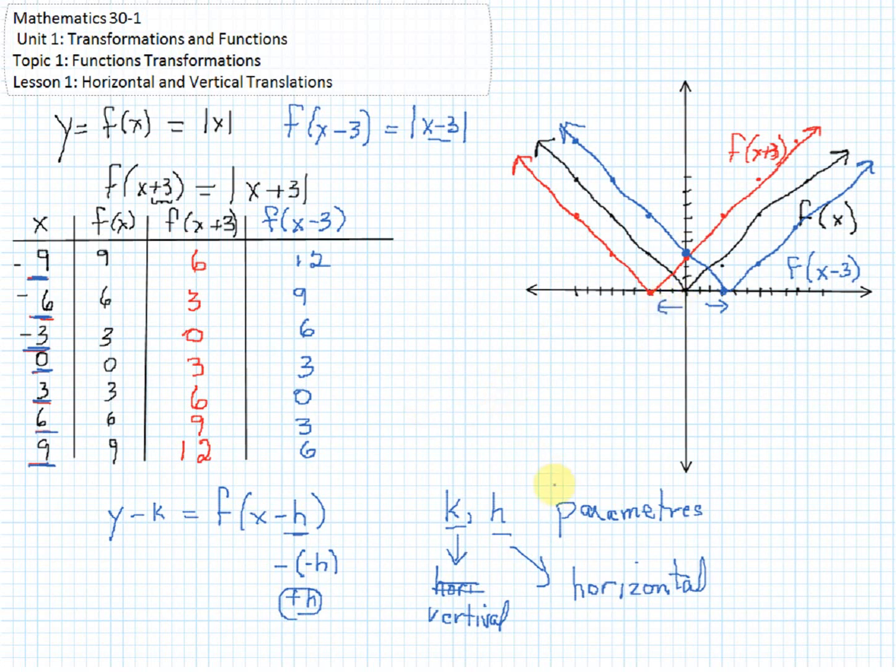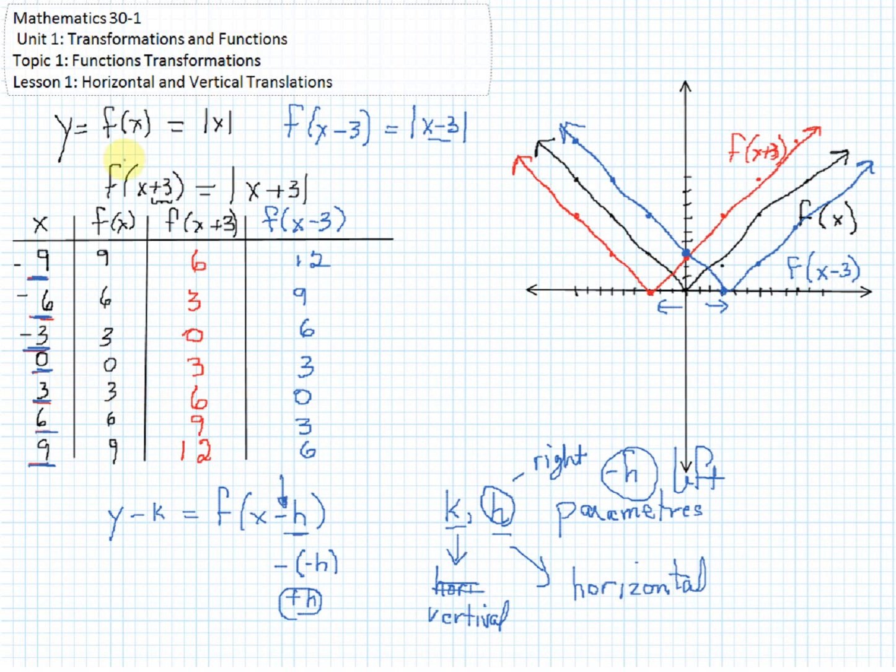So my h value of 3 is to the right, and a negative h is to the left. But it appears, because of this subtraction here, that it's backwards. Just pay attention to that and be aware of it.